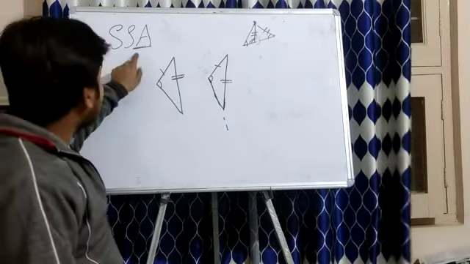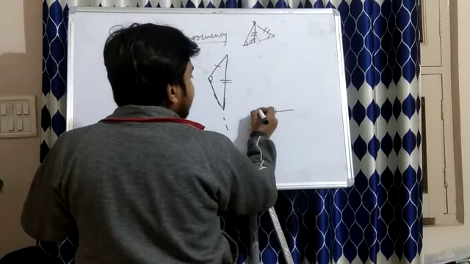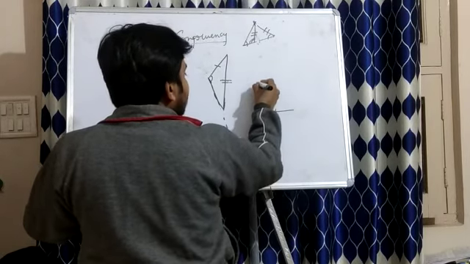Now again, this side is fixed, this angle is fixed, this angle is fixed. Now since this angle is 90 degree, the other two angles will have to be less than 90 degree. So वो जो remaining angles होंगे, they have to be acute.